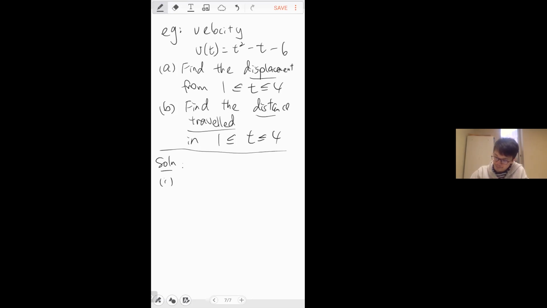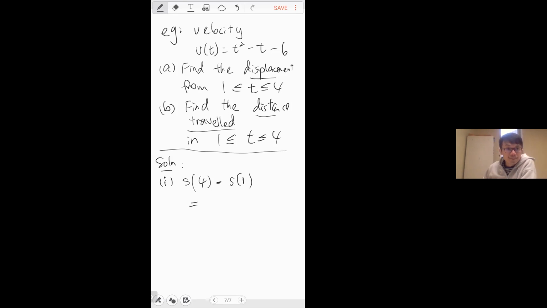So for the first part, I want to find a displacement from 1 to 4. So let's say the s function, the distance function is given by s. This is really just saying s4 minus s1, right? The change in distance s4 minus s1.